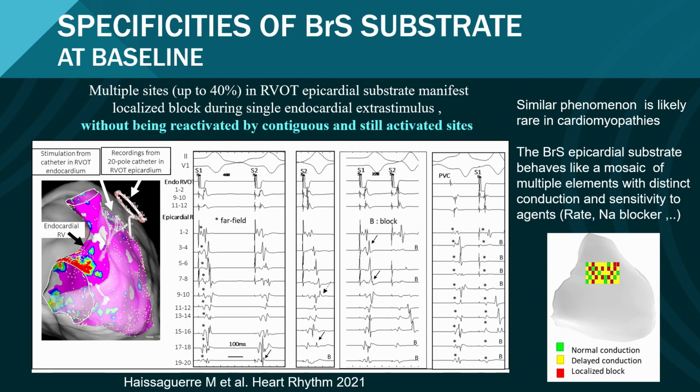I know that we at IHU Liryc had a chance to take some biopsy samples during surgery for some of those patients and demonstrated some fibrosis in there. It's not something we've seen. We've been looking hard with my friend Hubert Cochet to identify this with MRI, and it's probably below the resolution of the MRI.